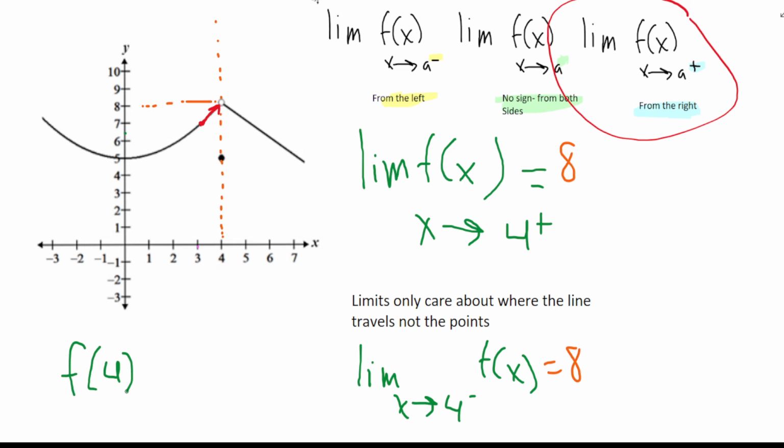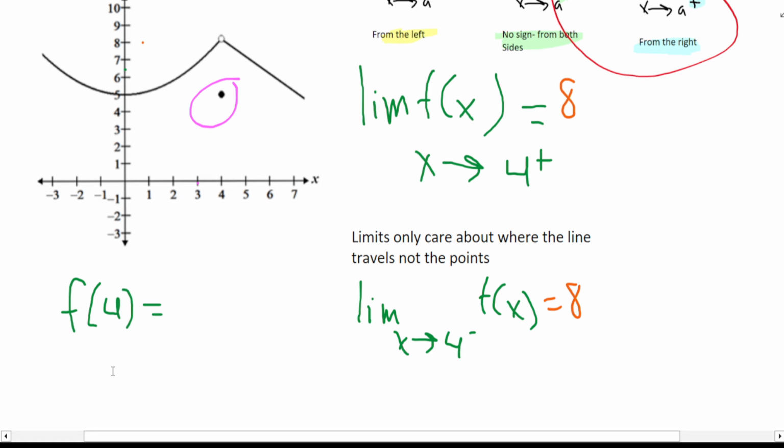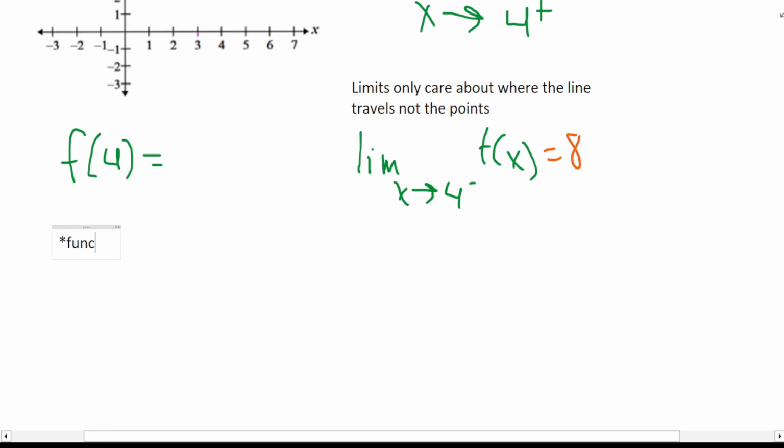Now, this is where the closed point does matter. If I give you f of 4, where is the function defined at 4? I'm asking you exactly at x equals 4, what is the function defined as? Functions are always defined at closed points, so I can write that down.